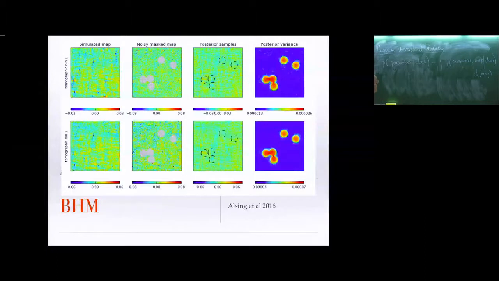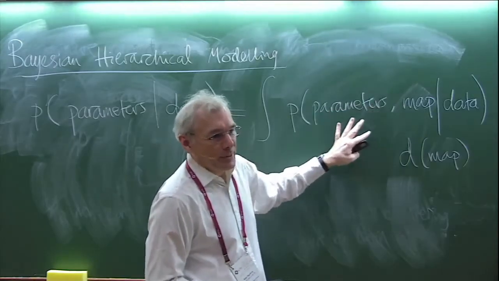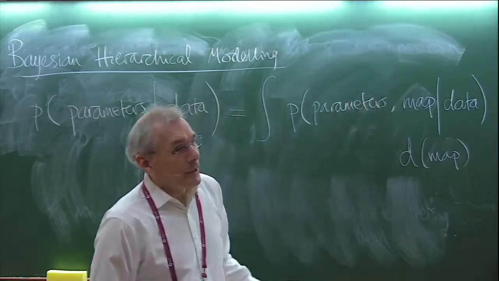We don't have an analytic expression for this joint distribution, but we can sample from it using very high-dimensional sampling techniques, Hamiltonian Monte Carlo or Gibbs sampling. You may hear about some of these techniques from Ben later on. These can be something like million-dimensional parameter spaces, but we can sample from those.